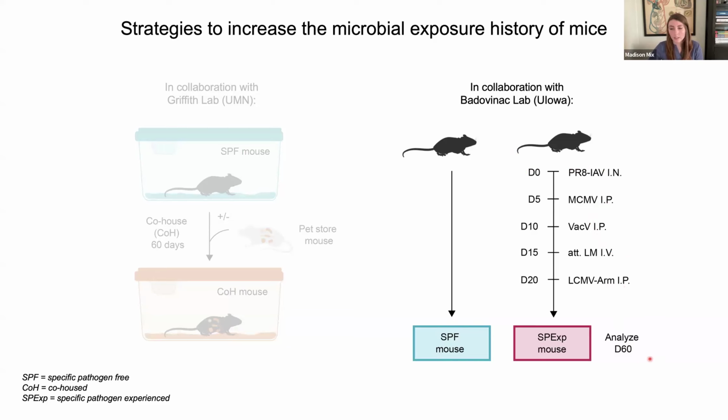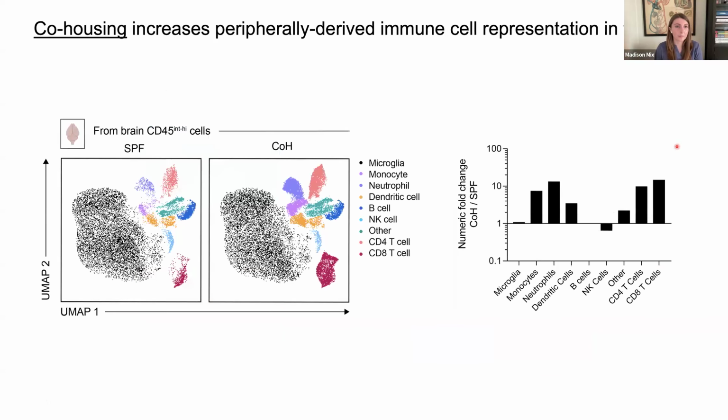And similarly, we analyzed these mice at day 60 or post that time point. Additionally, we were able to use IV exclusion by injecting mice with an anti-CD45 antibody prior to tissue harvest in the context of these experiments at the University of Iowa to ensure that the cells that we were looking at were indeed not in the brain vasculature at time of harvest, but in the brain tissue proper.